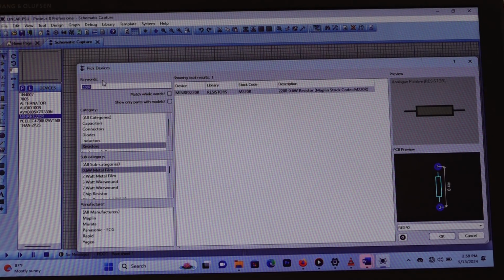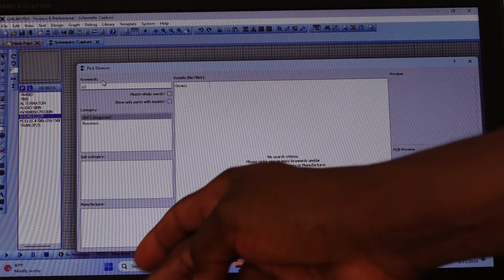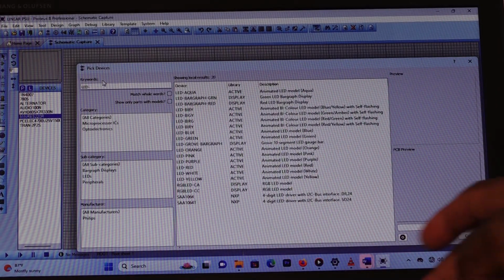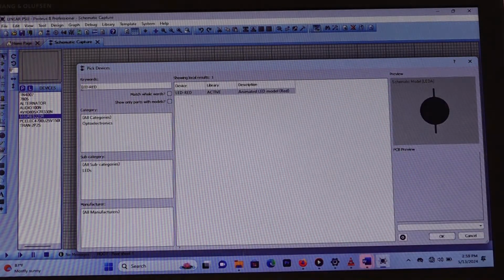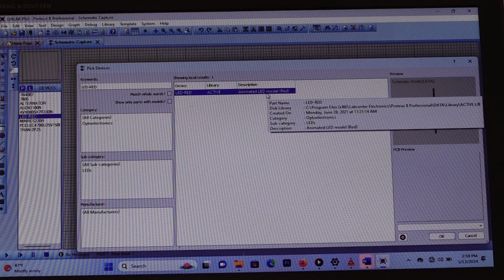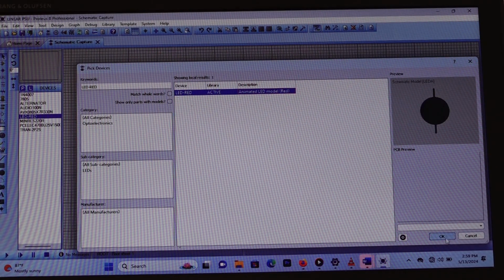Then another component is what? Red light emitting diode. So write LED, then dash, then we have red. So here it is. So we have already picked all the electronics components that we need for our design. Then we click OK.